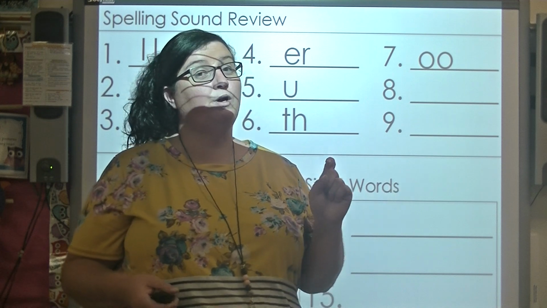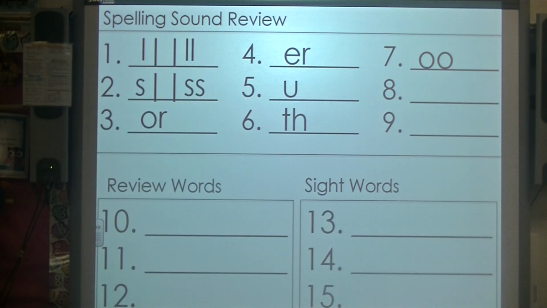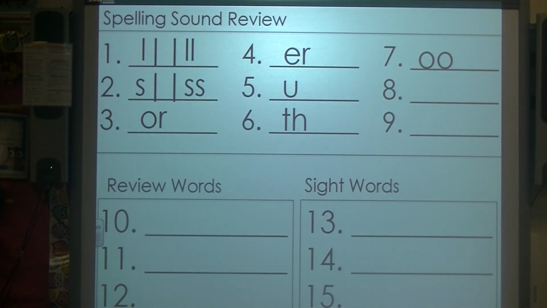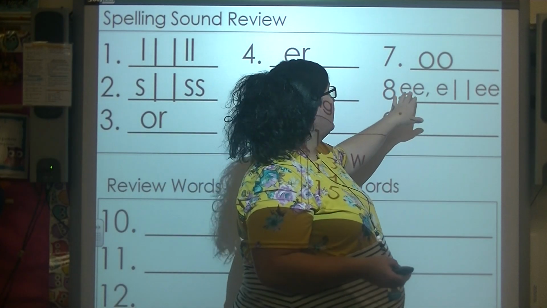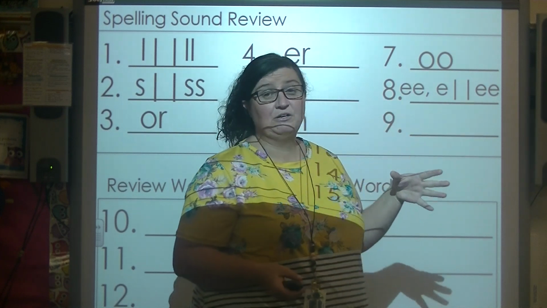2 ways in the initial position, 1 way in the final. Long E, you can have digraph EE in the middle position or in the final.